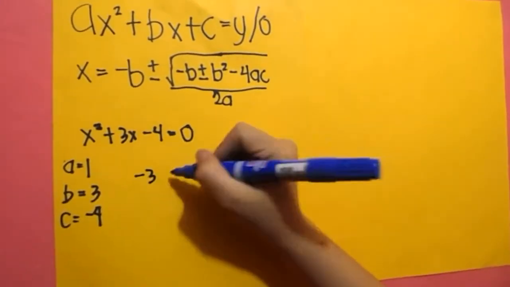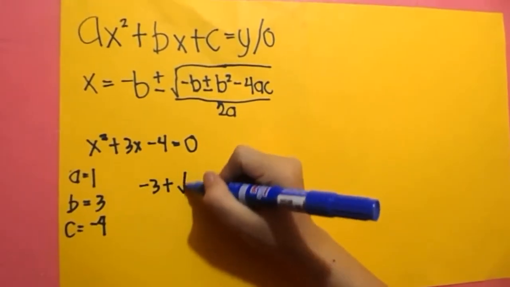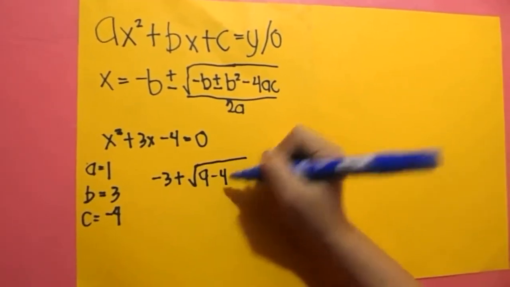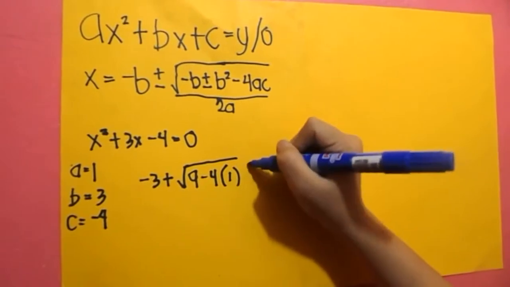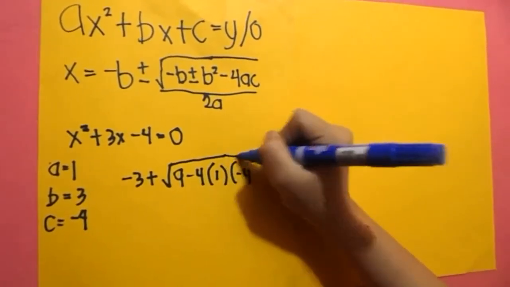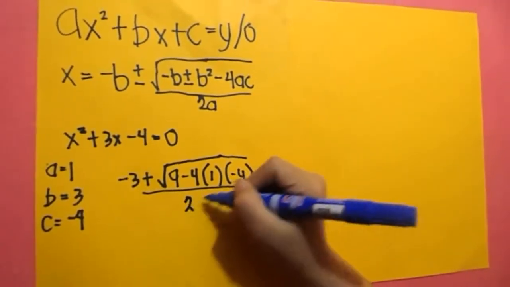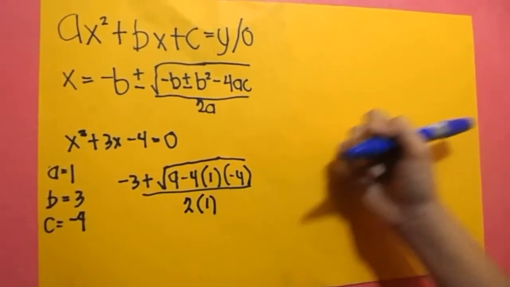Negative 3 plus the square root of 9 minus 4 times 1 times negative 4, over 2 times 1.